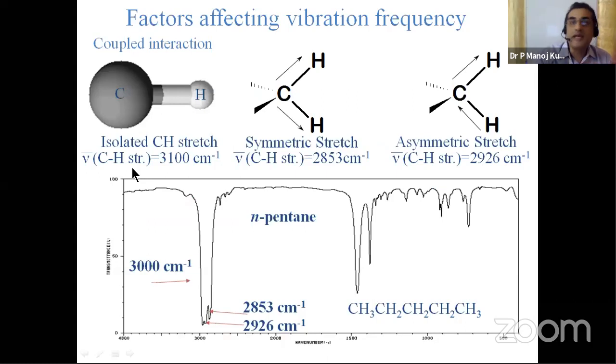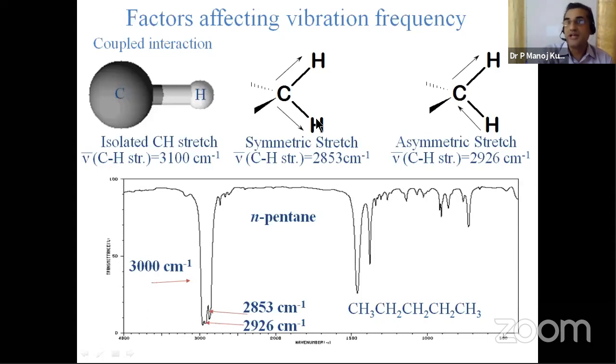So here comes the importance of coupled vibration. I hope all of you remember that in the carbon-hydrogen bond, using Hooke's law, we predicted that the wave number should be 3,100 centimeter inverse. But in a methylene group, the carbon is connected to two hydrogens, not one.